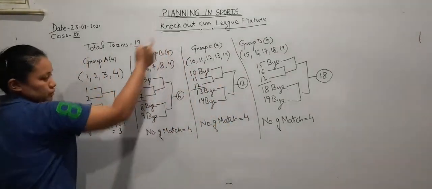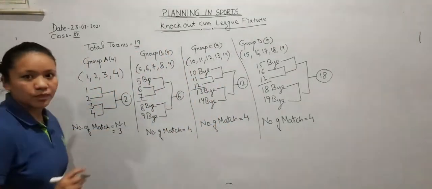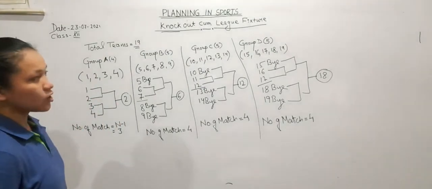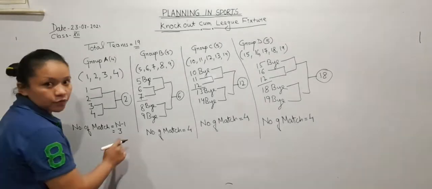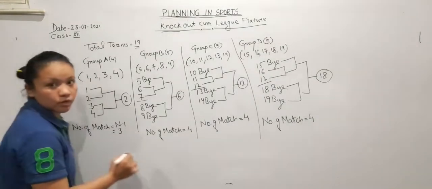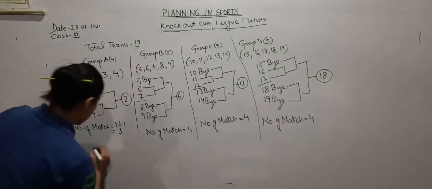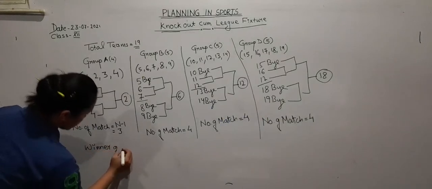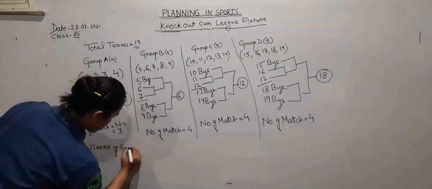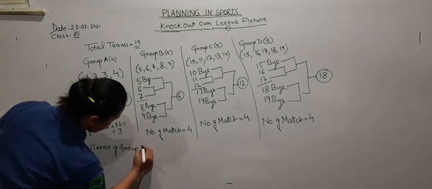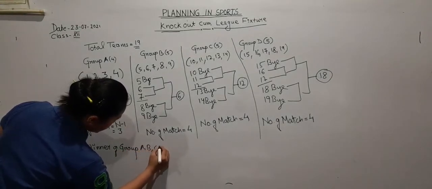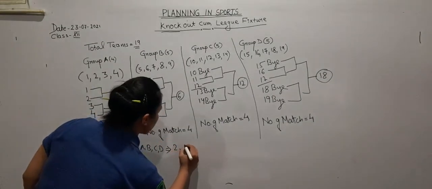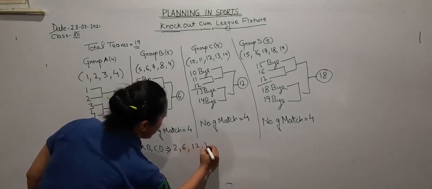They will compete as per the knockout fixtures. Next, the winner of each group. Winners of groups A, B, C, D are 2, 6, 12 and 18.